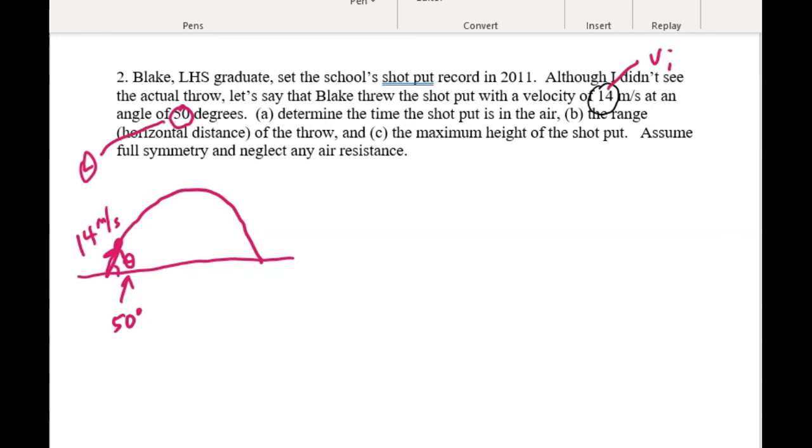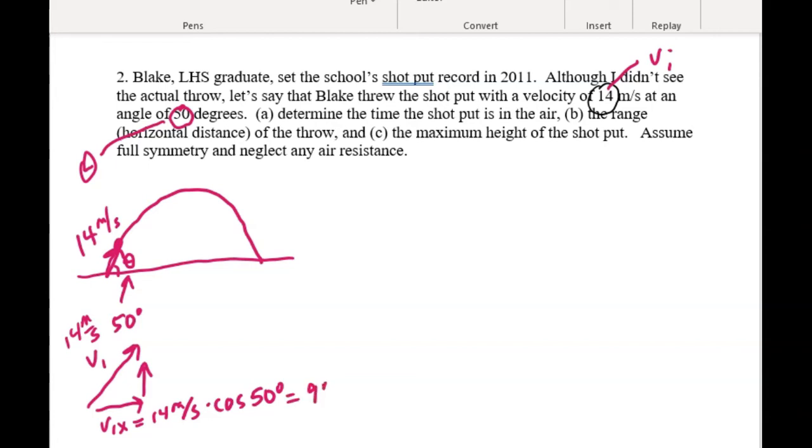Okay, so at the very beginning, if I want to redraw these vectors, I would have a VI, that's going to be my 14 meters per second. And then a VIX, that's my initial velocity in the x direction, or my forward speed. That's going to be our 14 meters per second times the cosine of 50 degrees. When I work through those numbers, I get 9 meters per second.